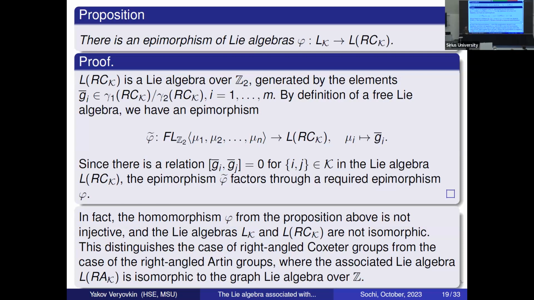For each vertex, we have one generator for the Lie algebra. We can discuss this during the break. Okay, thank you.